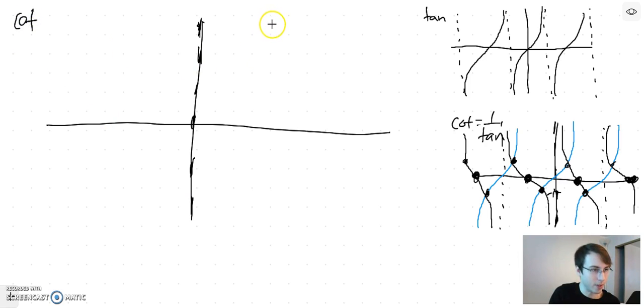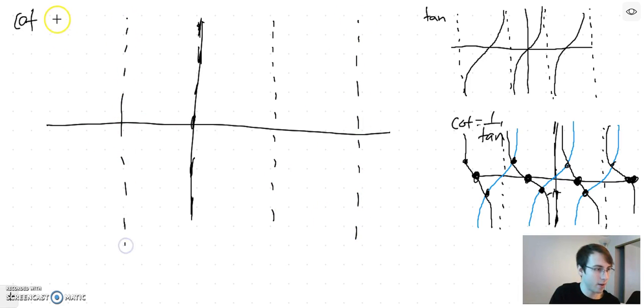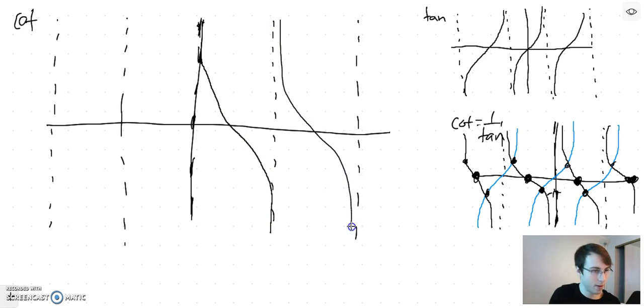And then there's asymptotes here, here, here, and it's swooping the other way, like this.